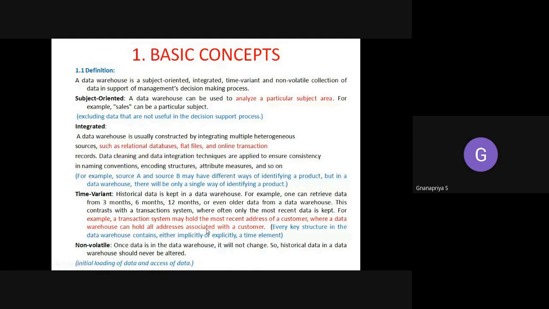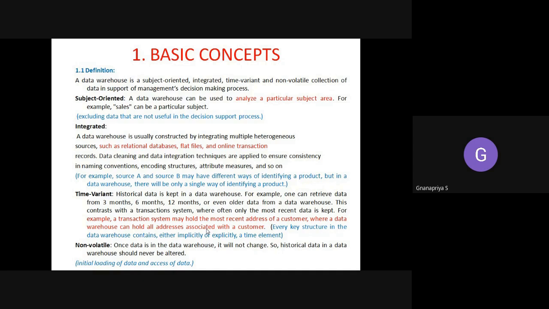And the data warehouse, implicitly or explicitly, will have a field for time. And time in the sense, it may not be the time of transaction or time of storage. Instead, it could be the day in which the product is being purchased, the day in which a particular amount of production is being carried out, the days in which the customer has purchased the product.